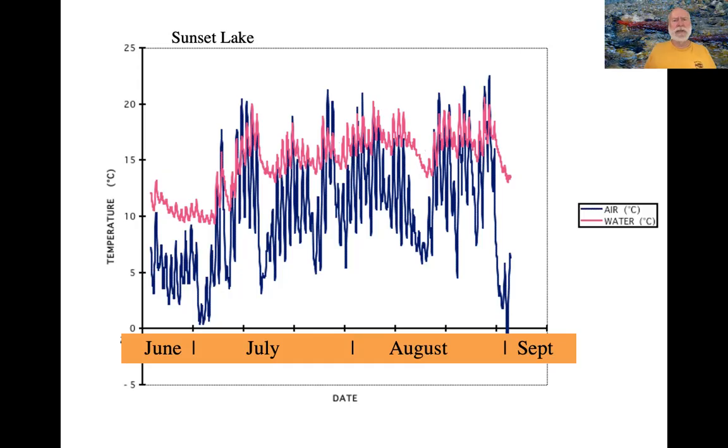So organisms aren't dealing with such extreme changes in temperature in the short term and also in the longer term. Another thing I should have you note here is that the water temperature is actually higher than the air temperature by maybe about 4 or 5 degrees Celsius.